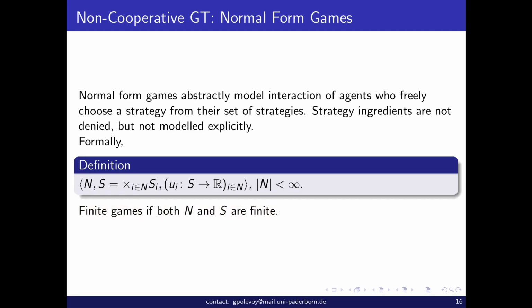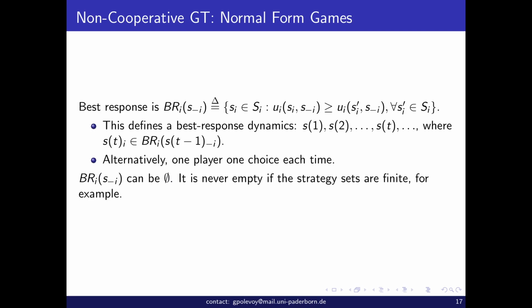If the game allows an agent to choose a real number between 0 and 1, that's definitely an infinite game. But often the games are finite, so you can choose one of the moves in a card game, whatever. So that's the definition of normal form game.